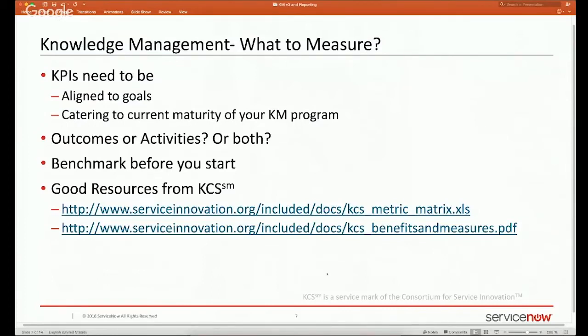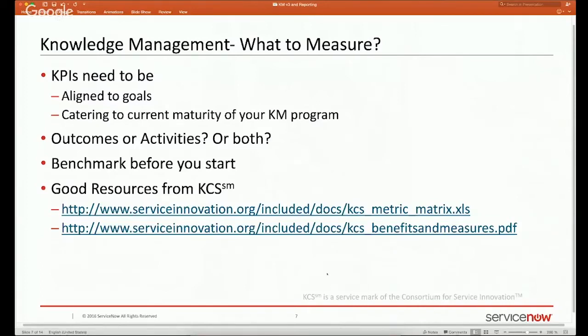A very common question is, what do I measure, outcomes or activities? An example of an outcome is customer satisfaction. Using knowledge management, you can improve your customer satisfaction. There are 3 levels deep of probably operational metrics that you need to capture before you find out that outcome. Whereas there are activities that you can measure, and those are much easier to measure.